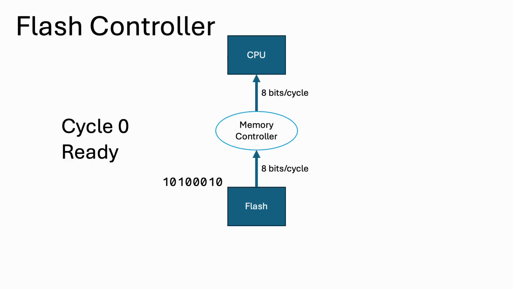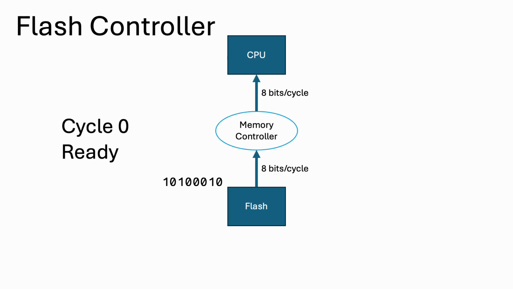To concretely illustrate why this time component is so critical when measuring hardware coverage, I decided to borrow this example from the paper with a memory controller that can receive data from flash and DRAM, SDRAM, and I'm starting with just flash for simplicity. In this model, the CPU is able to accept 8 bits per cycle, and flash is able to provide the memory controller 8 bits at a time. So it's really a pretty simple system.